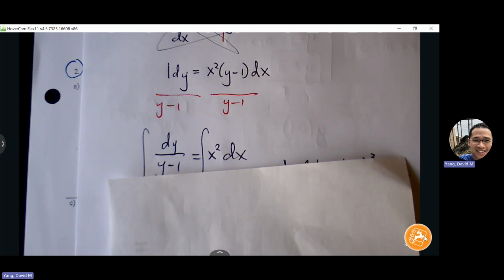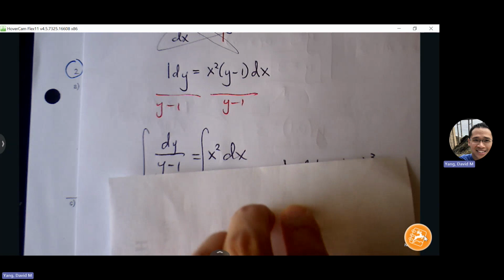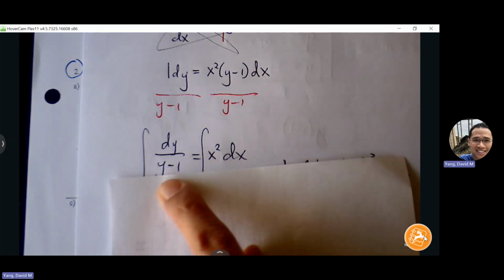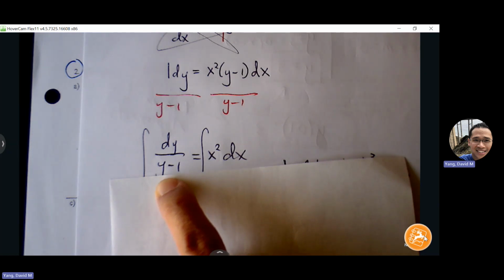Okay, so once we have full separation, then we have to decide what rule we want to apply. Right side is easy, that's power rule. Left side, there's this group of terms in the denominator. Let's go through use substitution, but we should see that maybe it's going to lead us to that 1 over u du, that natural log rule, right?